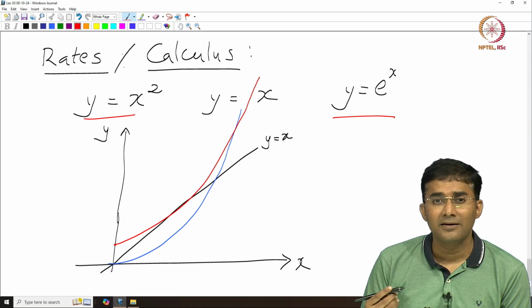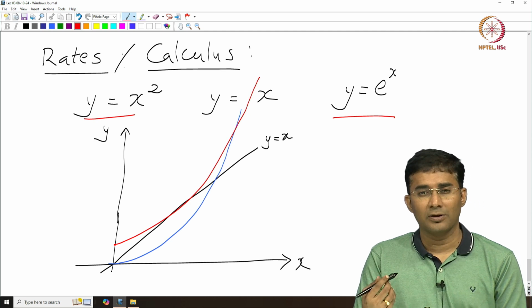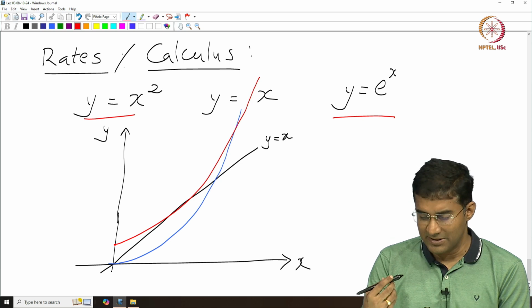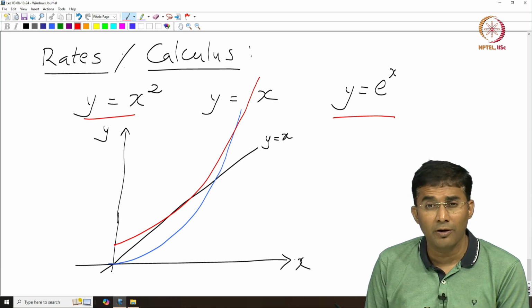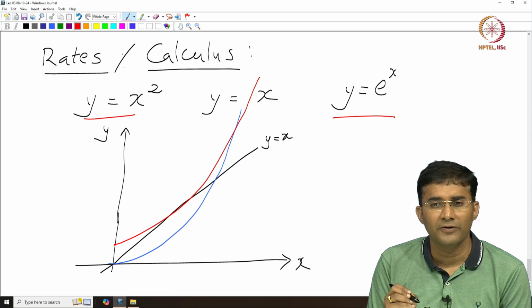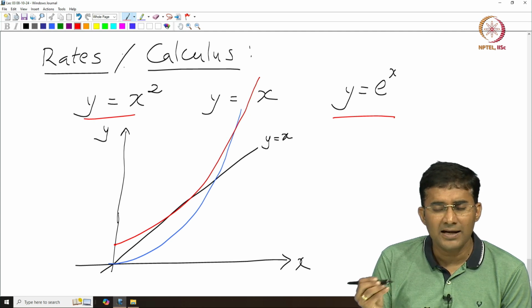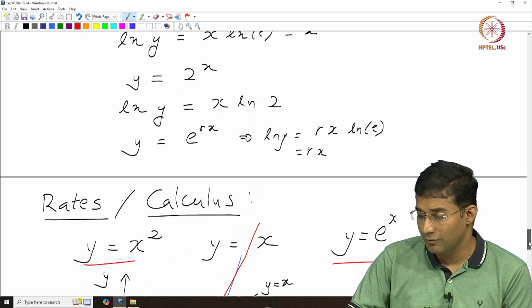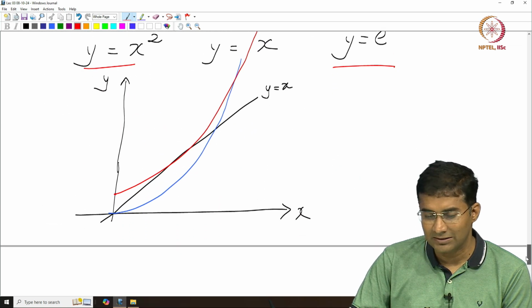Now, this is where the formal tools of calculus become really handy. Calculus helps us know, for every point along the x axis, what is the slope of the function. For a straight line it was really easy because the slope was a constant, but that is not true for any general function.